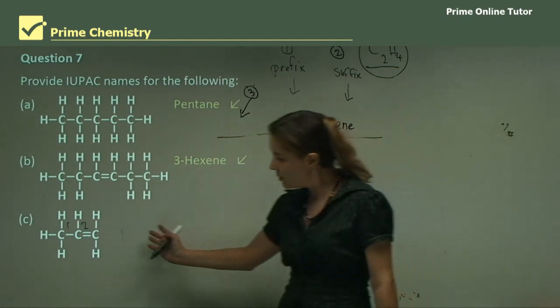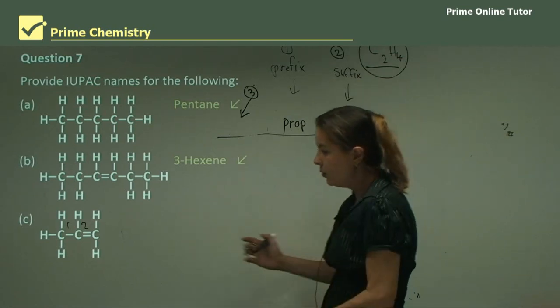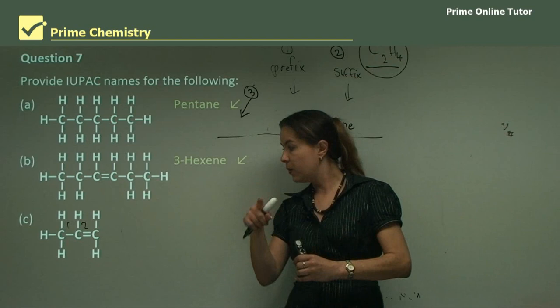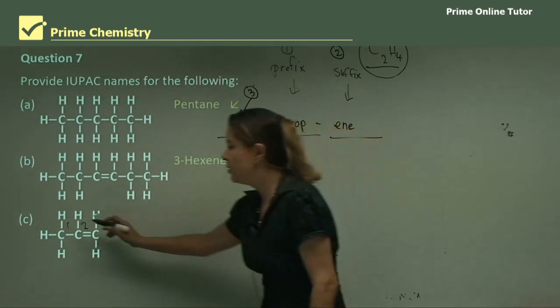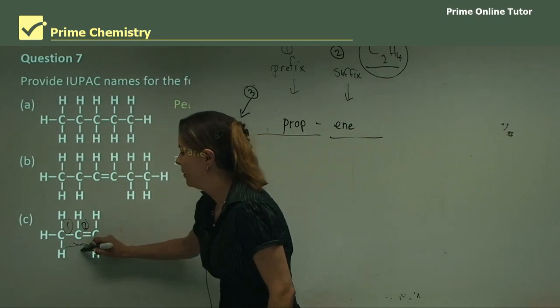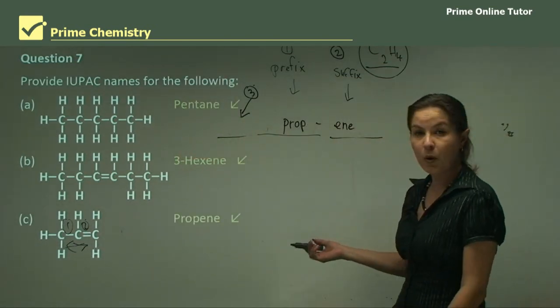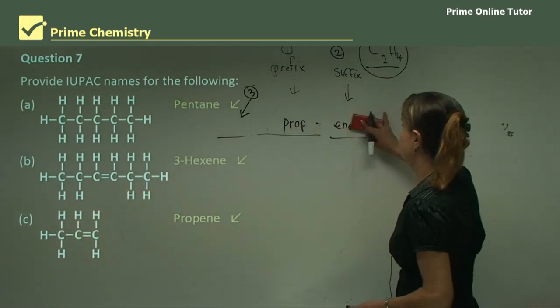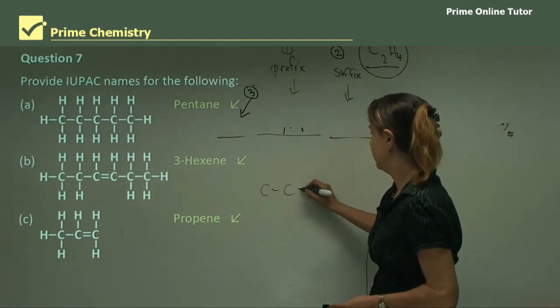But the thing is, because this molecule can be flipped over and it will look the same, if, for example, you were looking from the other side of the blackboard this way, you would see that it's exactly the same both sides. So you don't need the numbers. It reads backwards and forwards the same way. So this will just be propene. So while I'm here, I'll give you one more example and see if we can name this. Okay, 1.